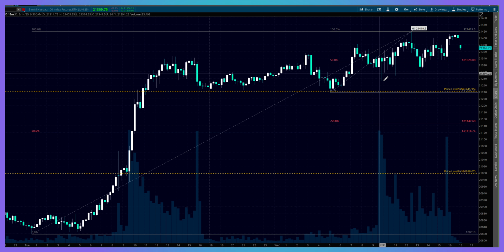What is old resistance, and can that be new support? And then you give it a test. But everybody's got to have made the same decision. That's what makes a good line. Everybody made the same decision. Everybody said, oh my gosh, I gotta buy, I gotta buy, I gotta buy. All right? So, market structure, nothing else.